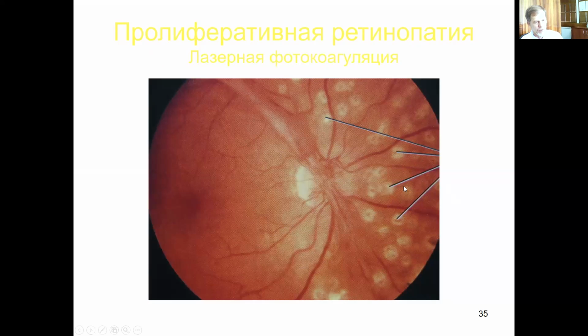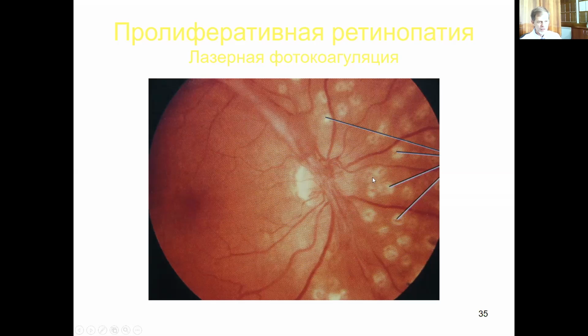This is an interesting picture. You see these white spots, what are they? It looks like someone shot bullets that damaged the retina, and it's really so, but it's not bullets, this is a laser beam. So ophthalmologists use a very powerful laser and shoot the bottom of the eye.